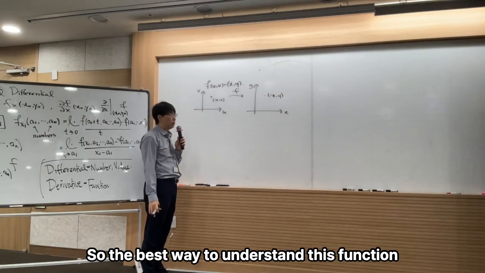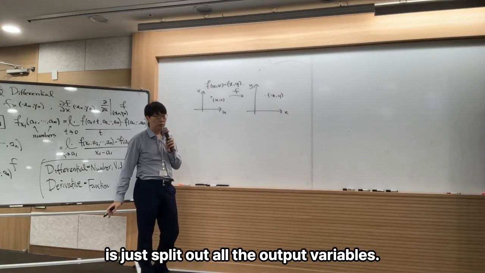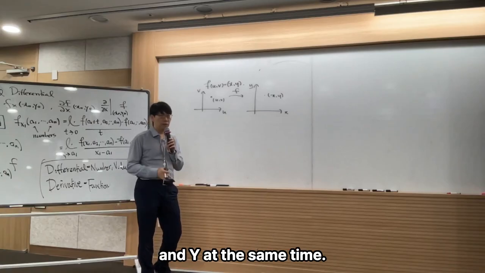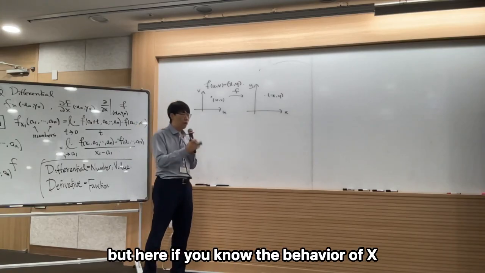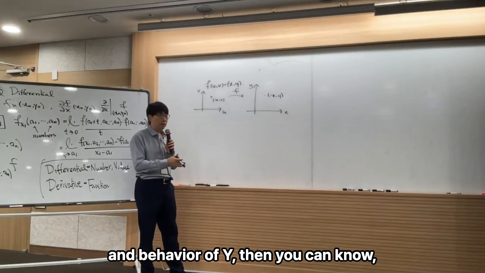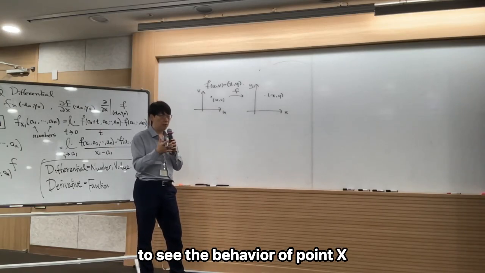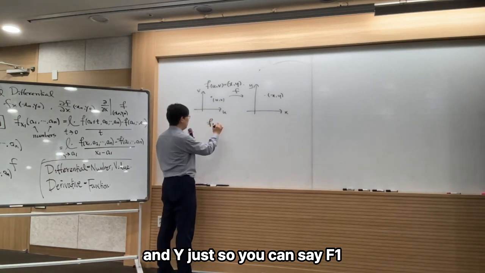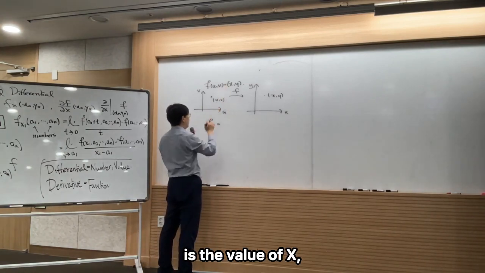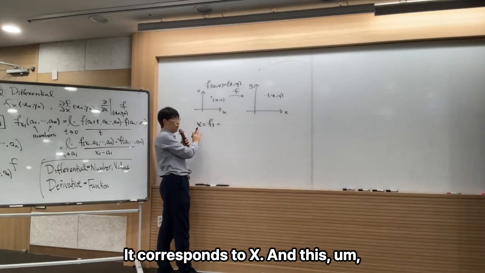The best way to understand this function is to split out all the output variables. Don't think about x and y at the same time. Of course, it's sometimes important, but here, if you know the behavior of x and the behavior of y, then you can combine them to see the behavior of the point (x, y). So you can say f1 is the function whose value corresponds to x.